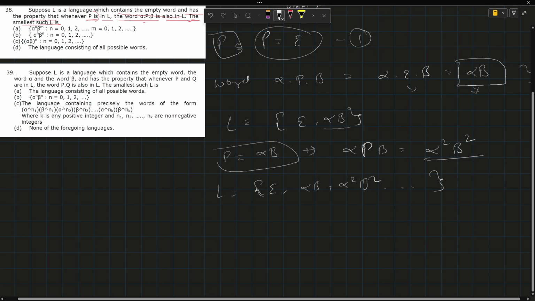like with the algorithm, we are taking P as the last element of the L. Assume it as alpha r and beta r, and the word alpha P beta is going to be alpha r plus 1, beta r plus 1, and this is also in the L. So our subset is going to look like empty word, alpha beta, alpha r plus 1, beta r plus 1.